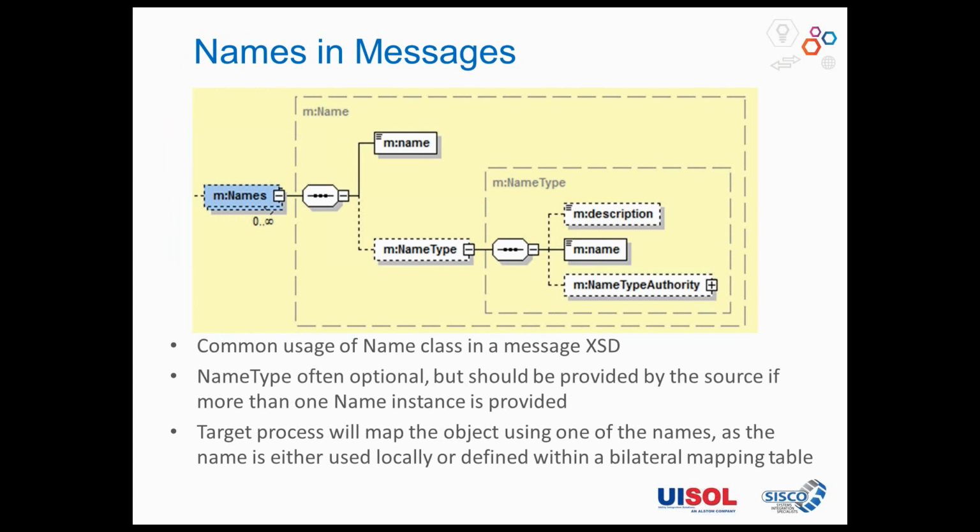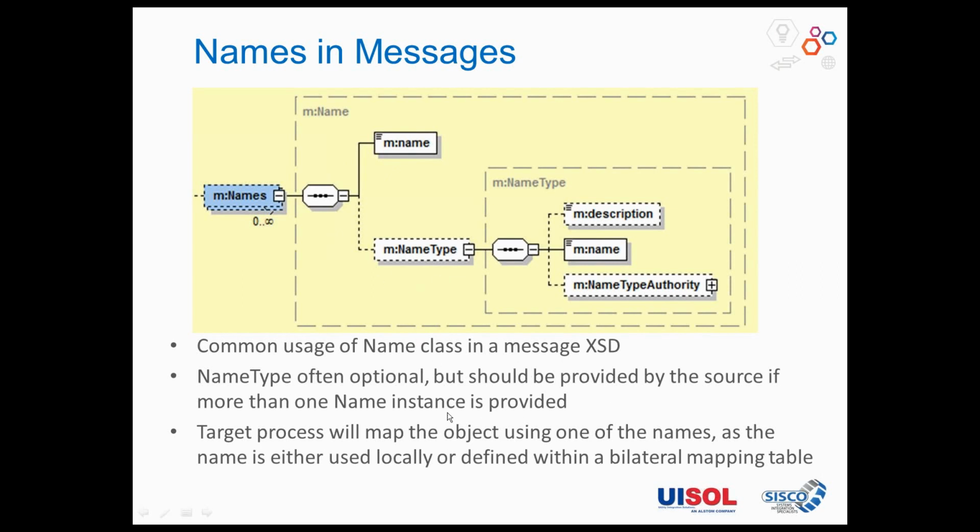Okay, and how you would use this in a message. So inside any message, you can have the names class with the required name, the name type, and the name type authority. If you have a name type, you must have a name. If you have a name type authority, you must have a name. So that's the way it would look inside a message. The name type is very often optional.